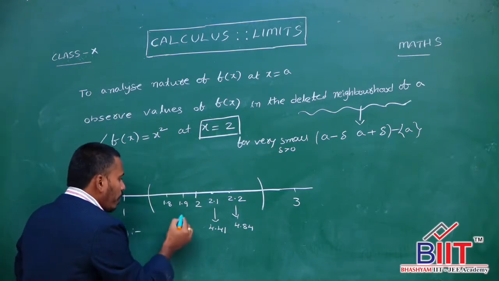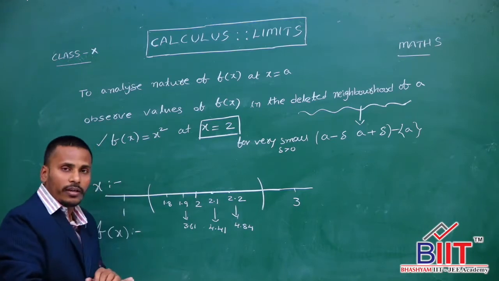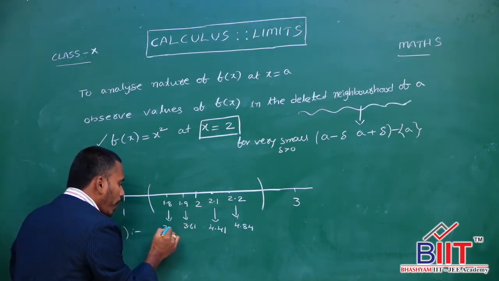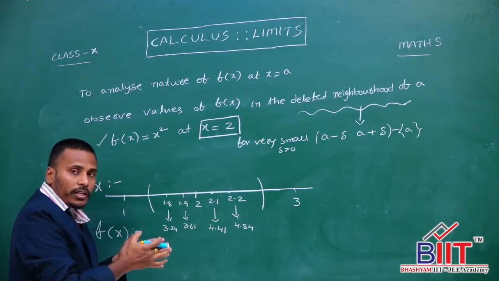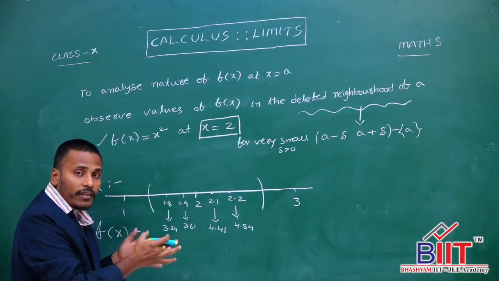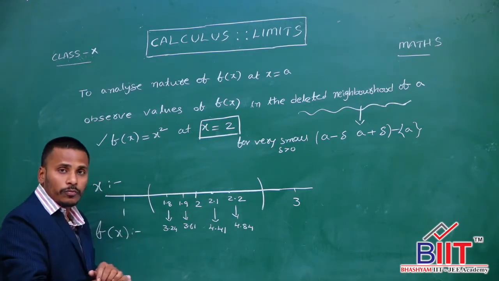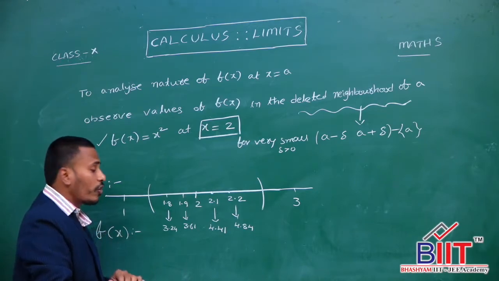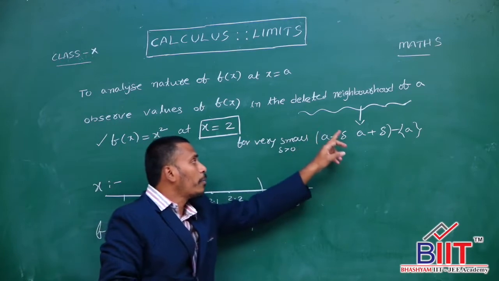In the same way, at 1.9 the functional value is 1.9 square, which is 3.61, and at 1.8 it is 1.8 square, which is 3.24. I am concentrating on the surroundings of 2, certain values from the right side and certain values from the left side, very near to 2, and I am not concentrating on 2 itself because my discussion is in the deleted neighborhood of 2.